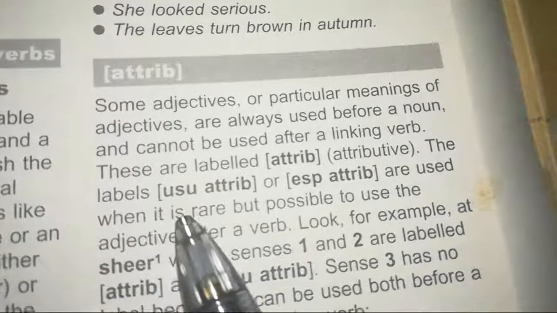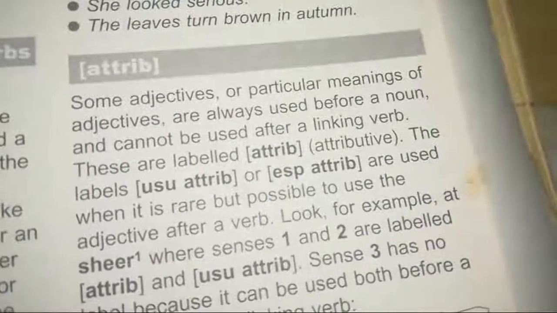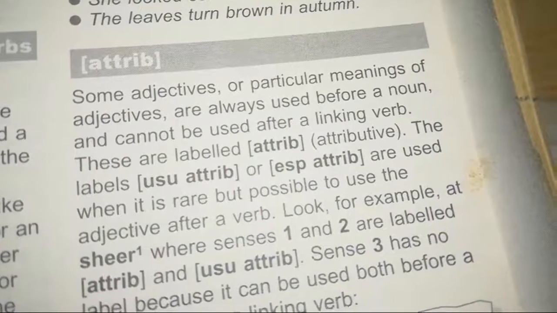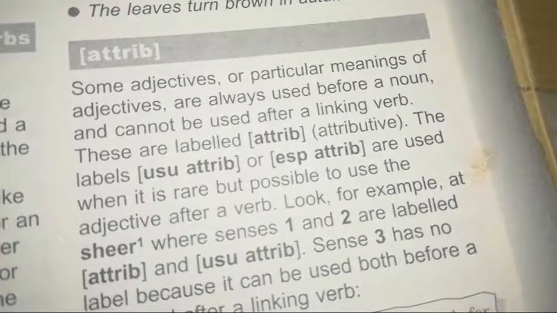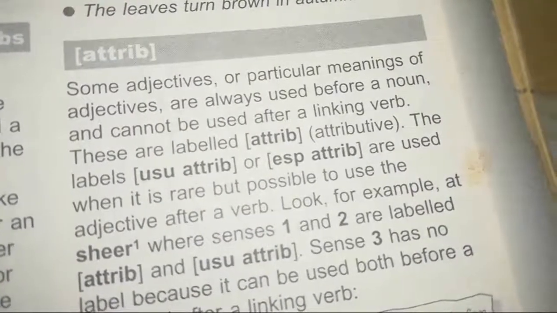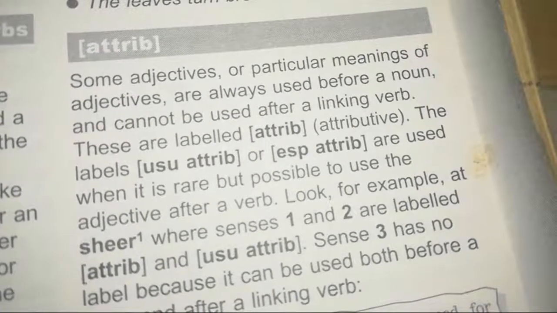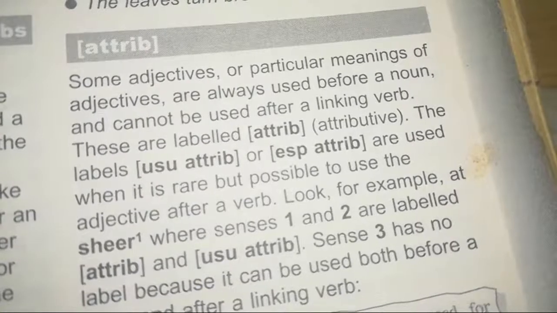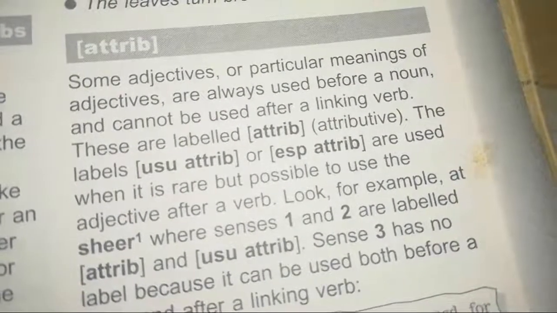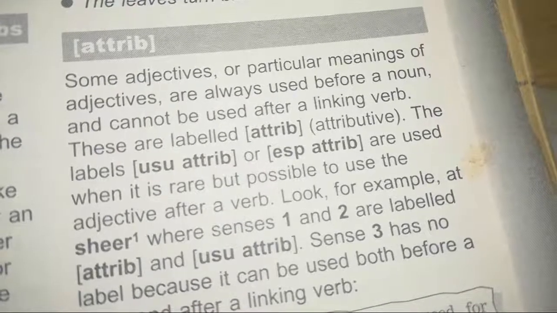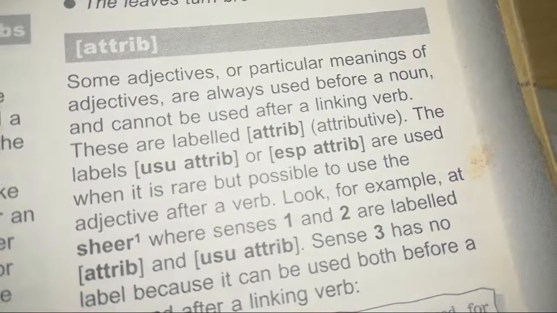Some adjectives, or particular meanings of adjectives, are always used before a noun and cannot be used after a linking verb. These are labeled attrib. The label attrib is used when it is rare but possible to use the adjective after a verb.